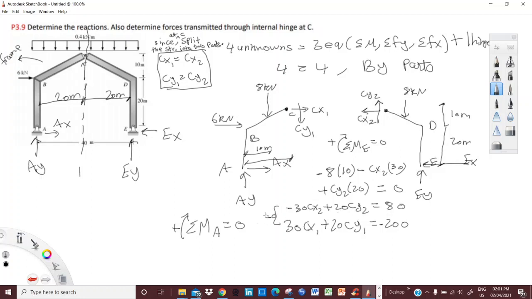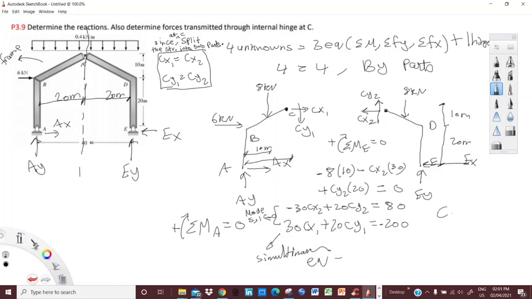Let's solve by doing simultaneous equation. Okay, so mod 5 1, negative 30, we start with 20, 80, 30, 20 and negative 200.